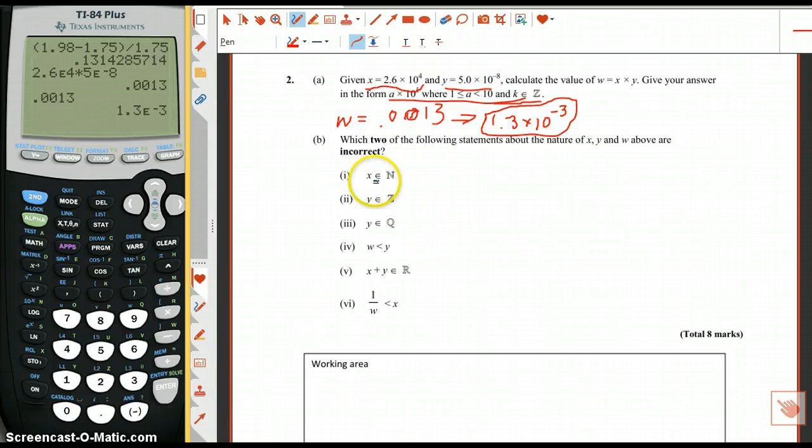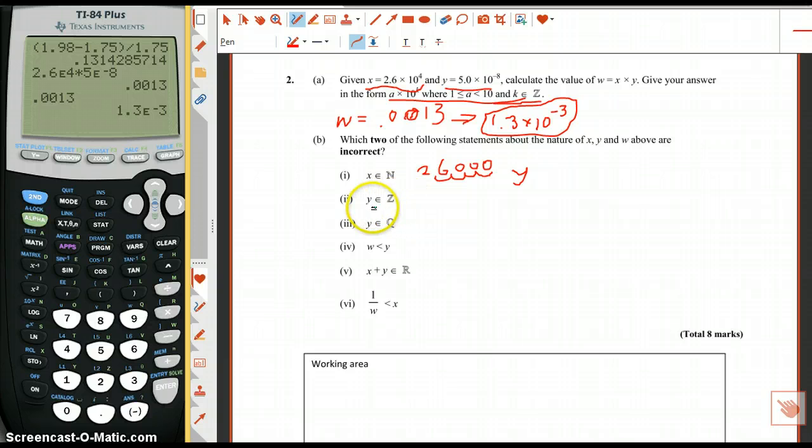So is X an element of the natural numbers? 2.6 times 10 to the fourth is actually a pretty big number, right? It's 26,000, is that right? Because it's 2.6, and then you have to move the decimal point 4 positions. It's 26,000 actually. Is 26,000 a natural number? Yes, it's a positive whole number, so yes it is.